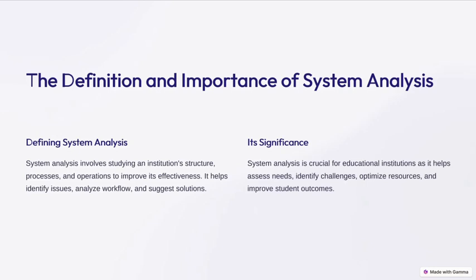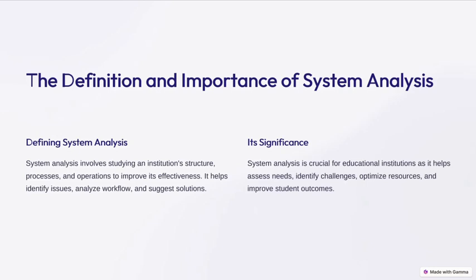So there are various importance of system analysis in institutions. One of that is to enhance decision making. It provides data-driven insights for better planning and management. Also, it improves efficiency because it helps to streamline administrative and academic processes.